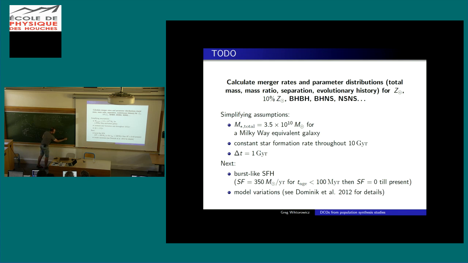We can put 0 here, and the birth of the galaxy will be at 3 gigayears or something. But when we put 0 here, we just don't have to care about this time. Then we have the current time here, which in this simple approach we just assume is 10 gigayears.